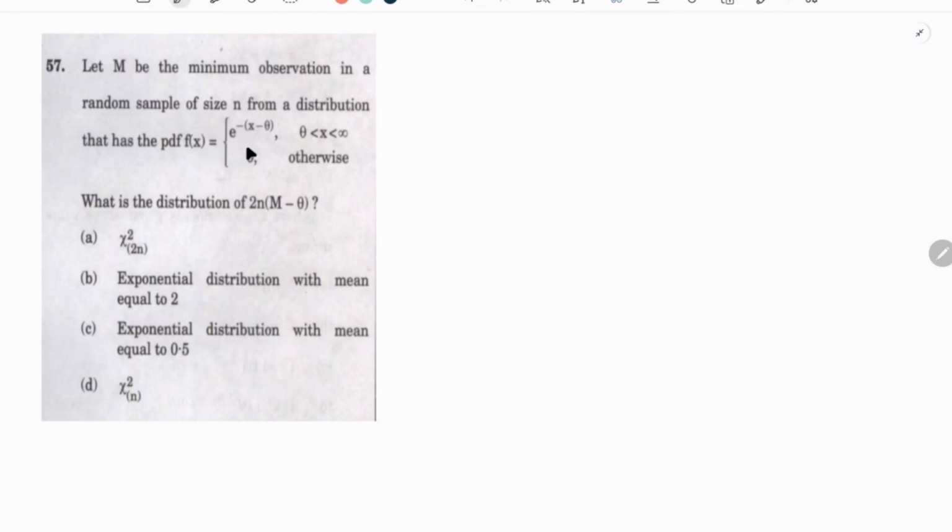Here the PDF is given as f(x) equals e to the power minus (x minus theta). Now we have a random sample of size n. So each xi is actually a shifted exponential distribution.